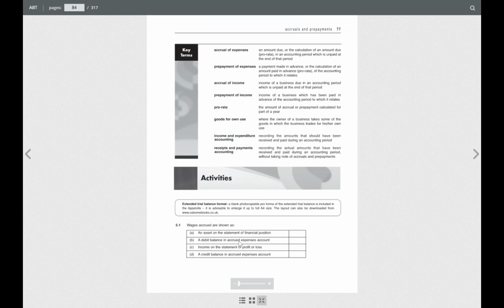Accrued expense is a liability account, right? So as a liability, it should show on the credit side. So B is also not correct. Is it shown as income on the statement of profit or loss? No, it's not an income. Basically, it's a liability, isn't it? So this is also wrong. A credit balance in accrued expense account. Yes, because accrued expense account is a liability account. So D is the right answer.